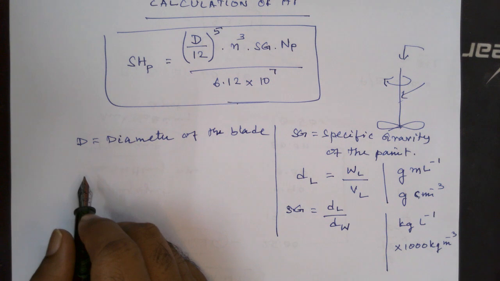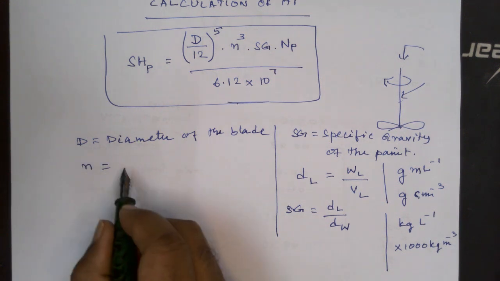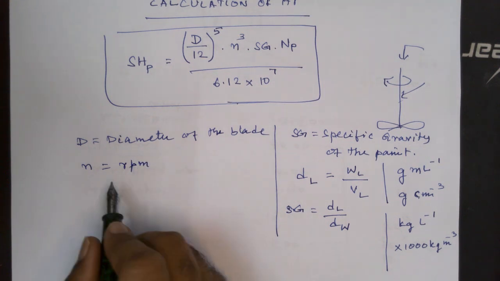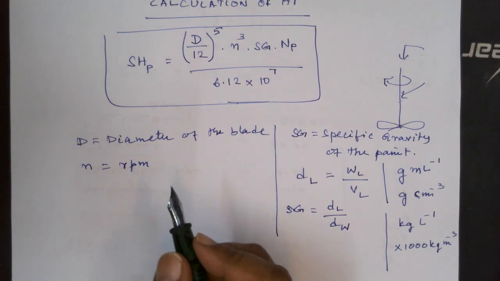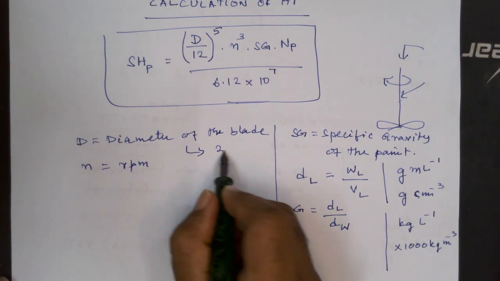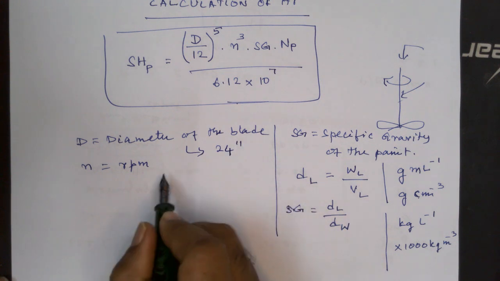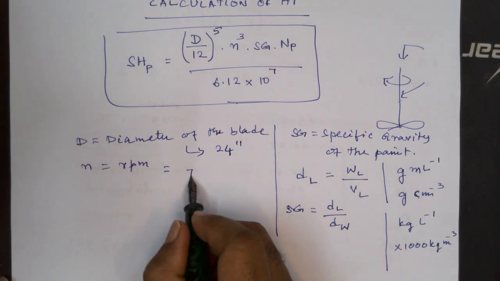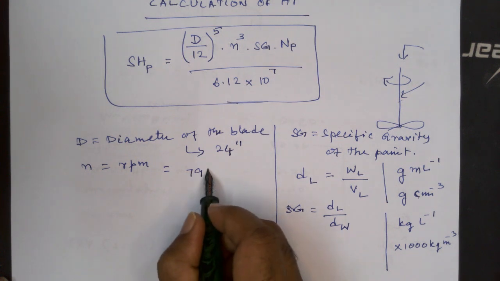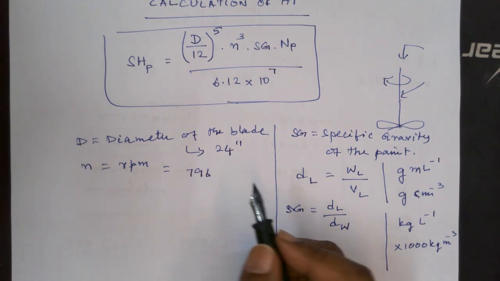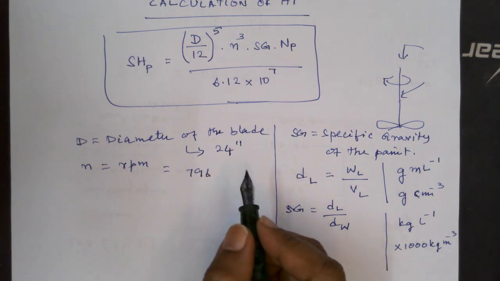And N represents here the RPM, rotations per minute. How much RPM is required? So let me say the diameter is 24 inches, and the RPM required is around 796 rotations per minute. That is, in a minute it should rotate 796 times.